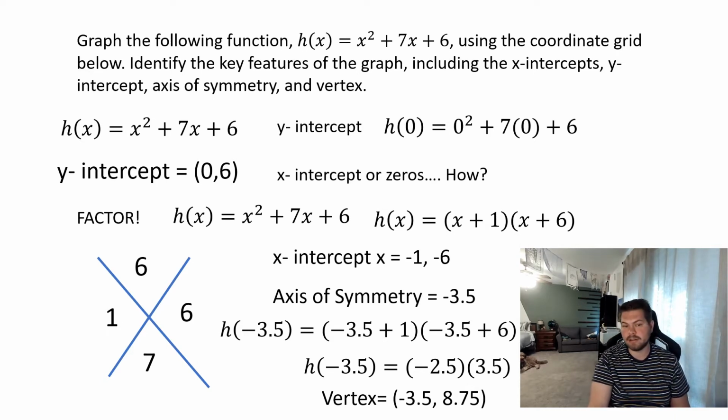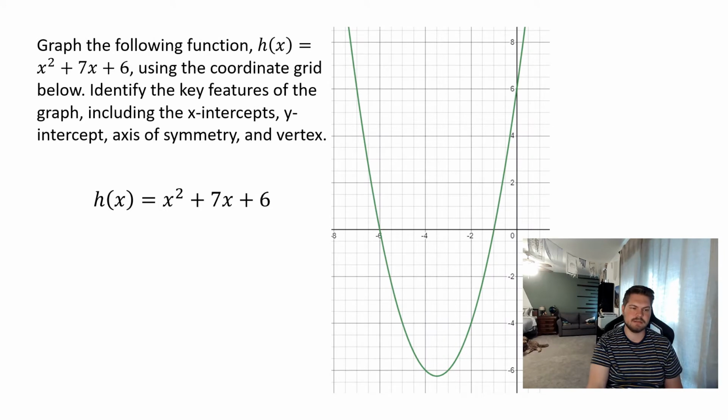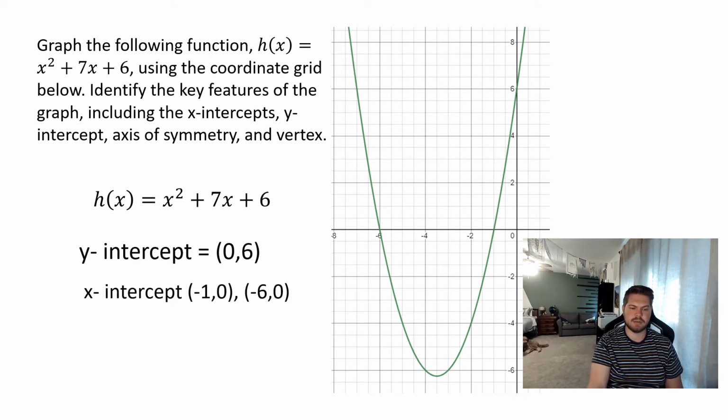So now we have all of our key features. So you can go ahead and graph these different items, and you get something that looks like this. So your y-intercept is at 6, your x-intercepts are at -1 and -6. Your axis of symmetry is about at -3.5. Let me show you these features.